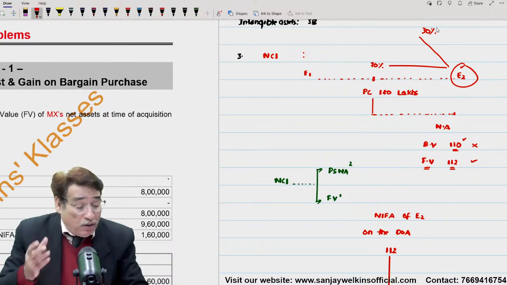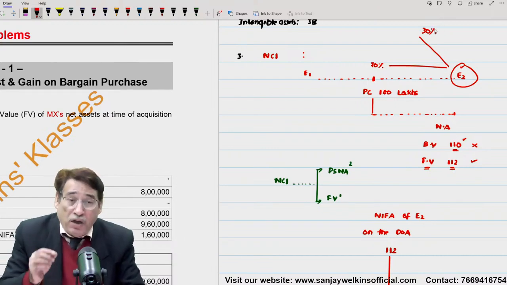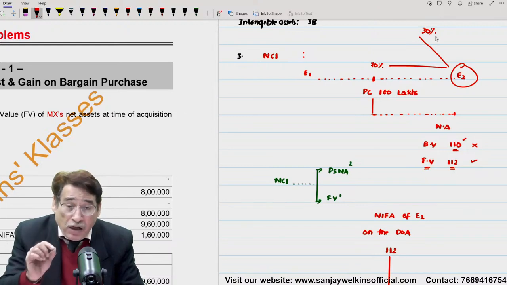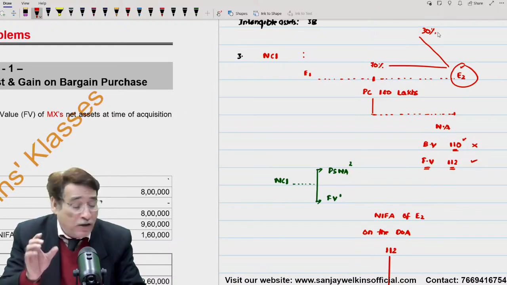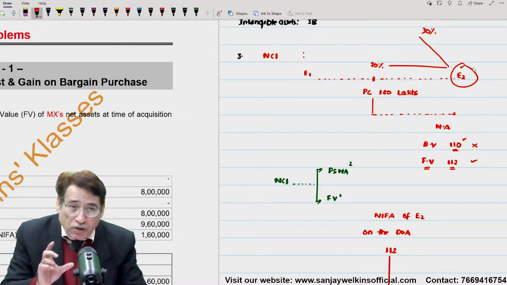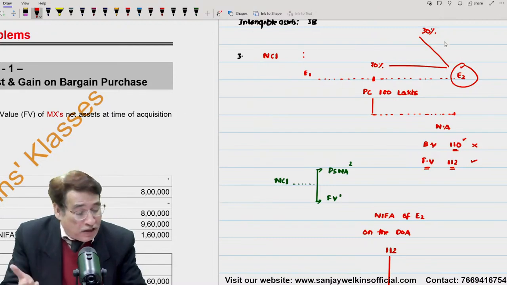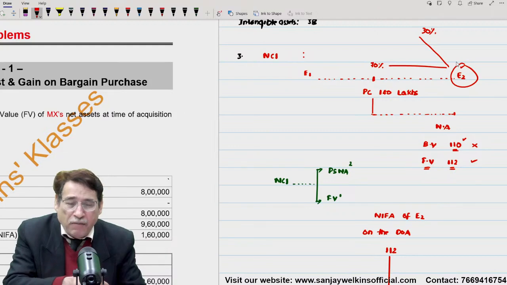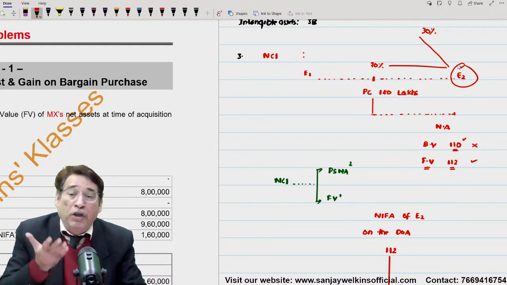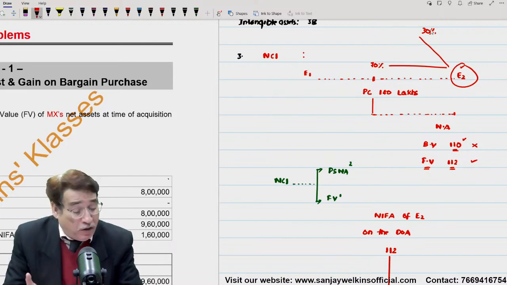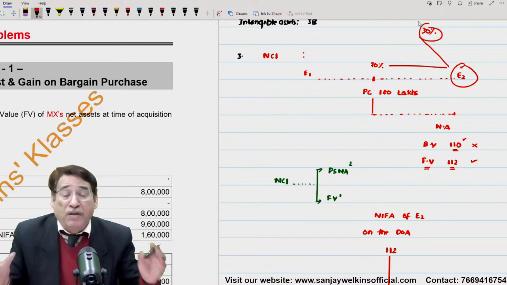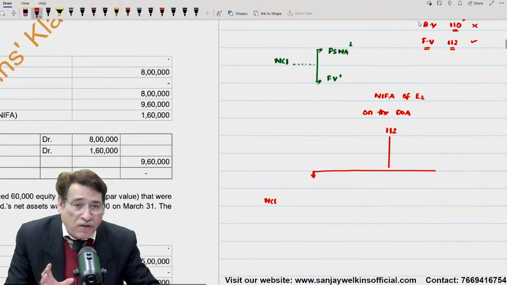No. The other shareholders are known as non-controlling interest holders because they are the shareholders of this entity. Quite obviously, they have some interest in it, but they do not have the control in it. They have the interest, but they do not have the control. That is why other shareholders are known as non-controlling interest holders. Is it clear to you?